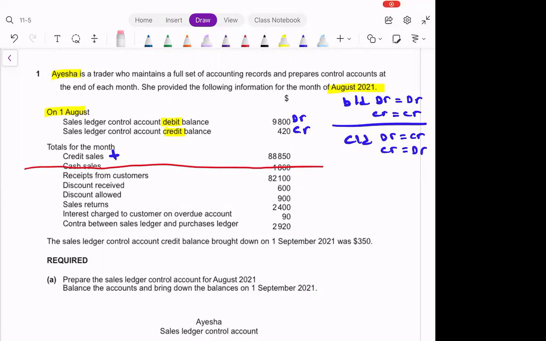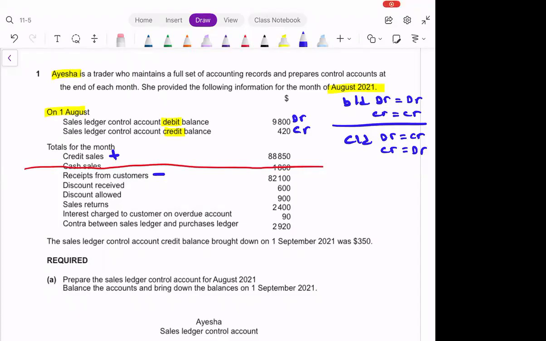Next one, receipt from a credit customer. If you receive from a credit customer, how much the guy owes you will be reduced. Okay, here they gave me discount received and discount allowed. Either one will go to the sales ledger control account, another one will go to the purchases ledger control account. So which one is which?